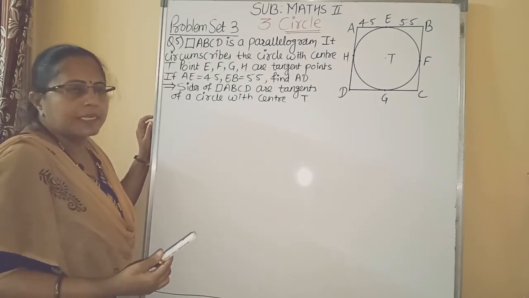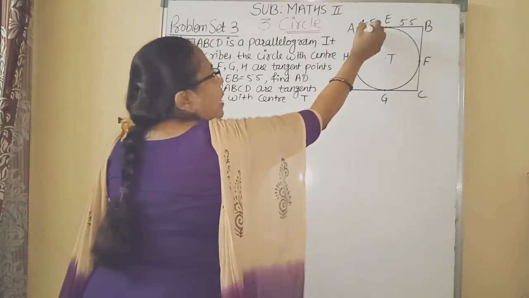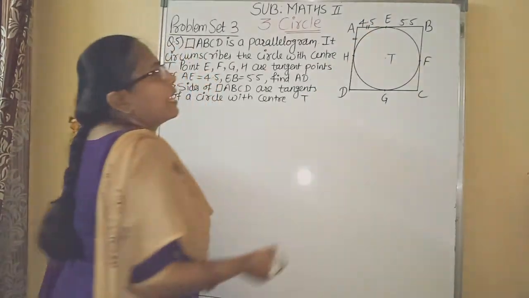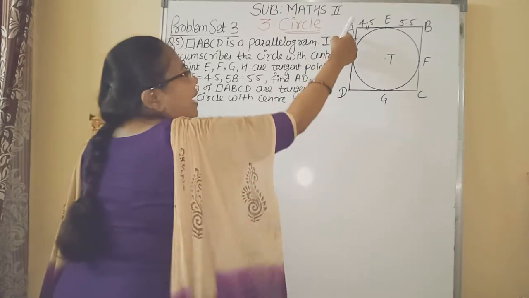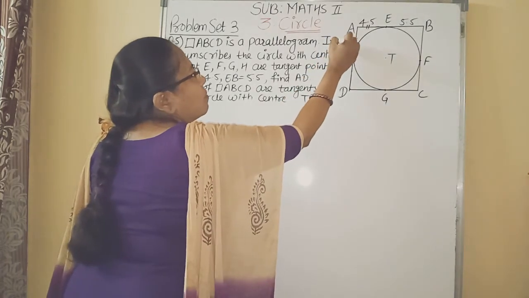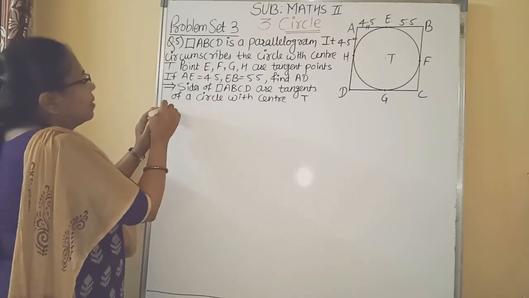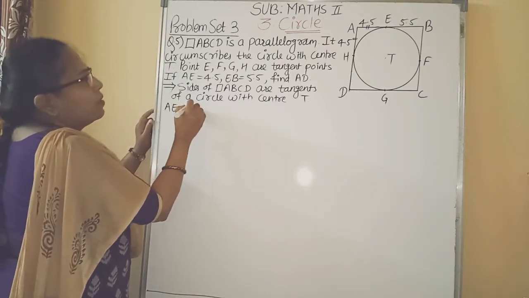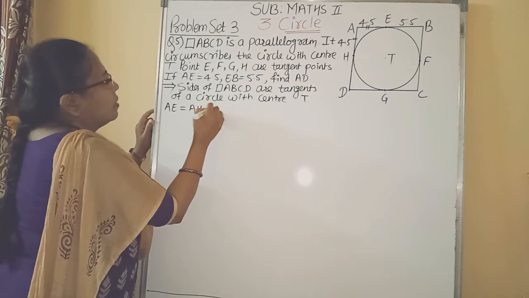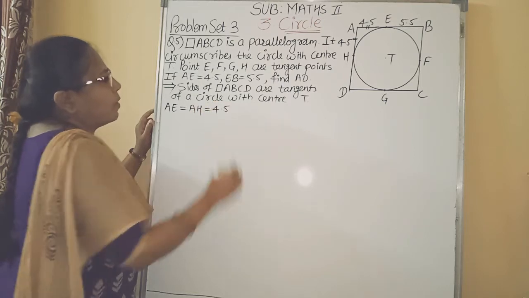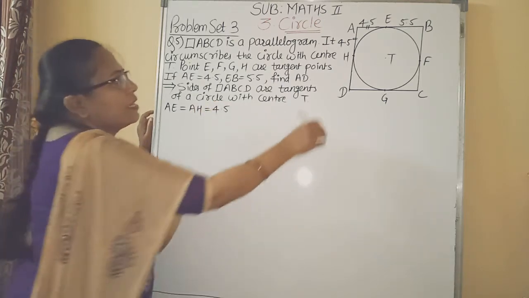So, by the tangent segment theorem, AE is equal to AH. So AH is also 4.5. Okay. AE equal to AH is equal to 4.5.